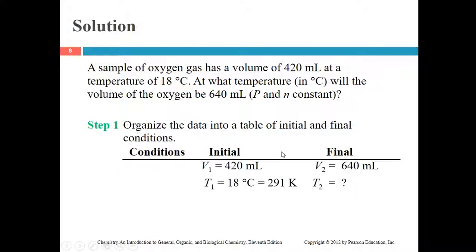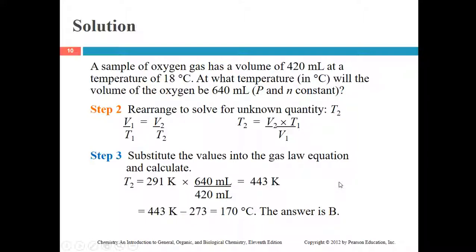So let's go ahead and plug in our data. Our first volume is 420 milliliters. Our first temperature, 18 plus 273, is 291. Our second volume is 640 milliliters. Let's find our second temperature.